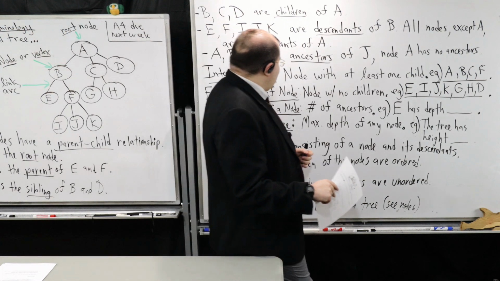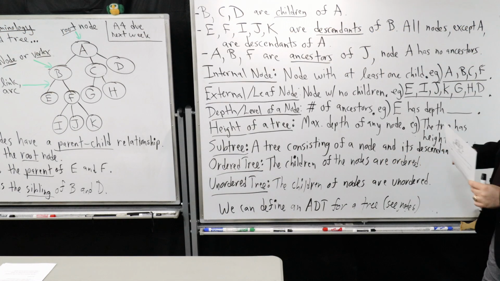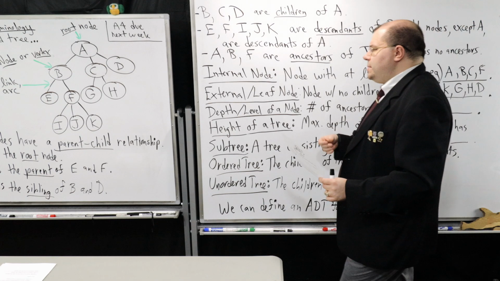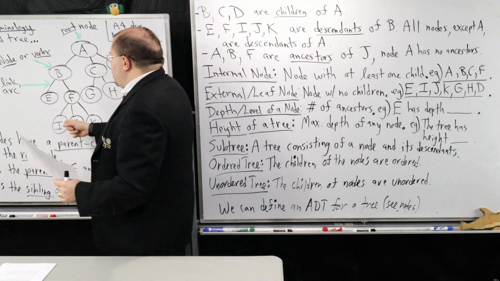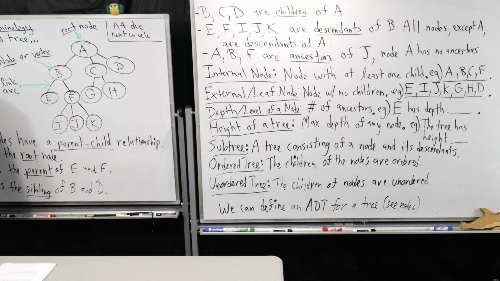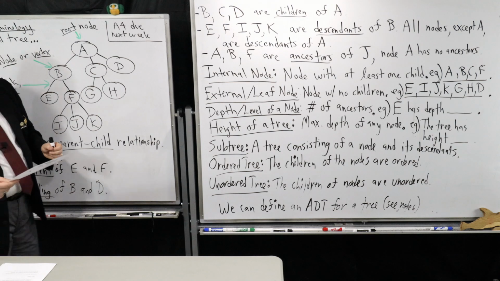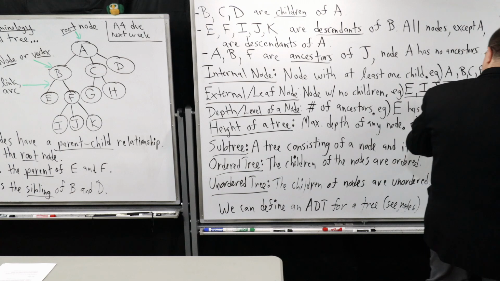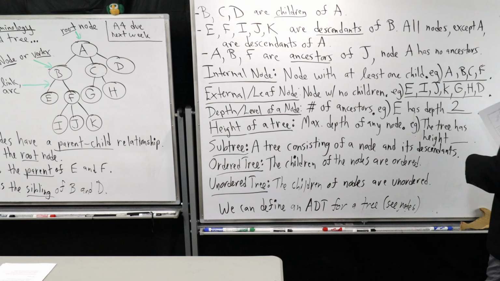Next, we have to talk about the depth or level of a node. This is just the number of ancestors. If I look at node E here, what's its depth? Can somebody tell me the depth of node E? Very good. It's 2.